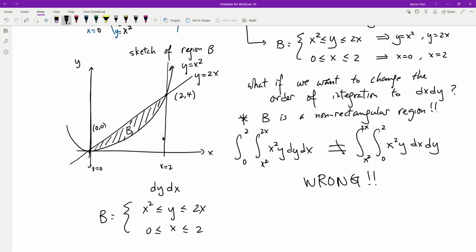Now what I want to do is redefine this region in reverse order, dx then dy. In order to do that, I have to have x gap between two curves and y gap between two constants.